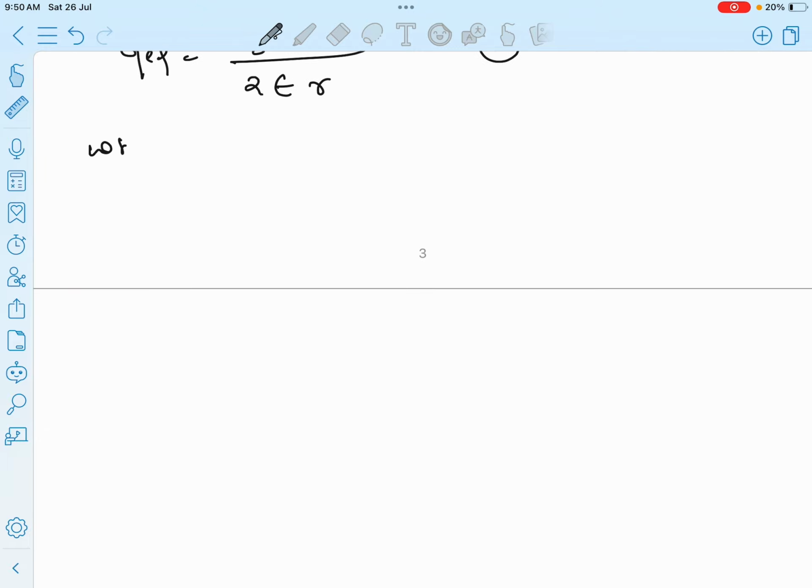So what is G EL? This is nothing but the change in electrostatic free energy.